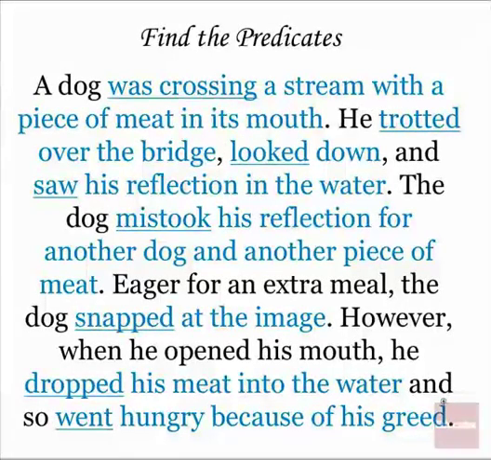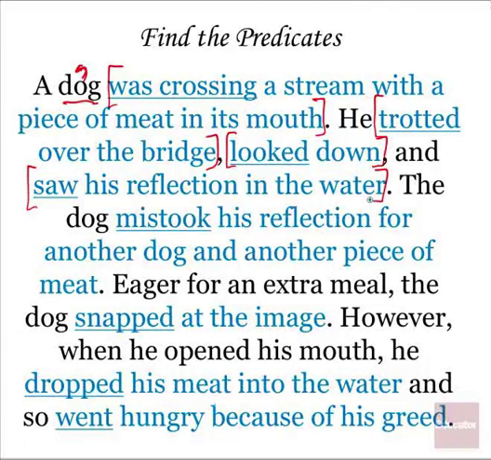And there we are. A dog was crossing a stream with a piece of meat in its mouth. That's the whole action that the dog, our subject, was performing. He trotted over the bridge, one action, looked down, another action, and saw his reflection in the water. Three actions, compound predicate. The dog mistook his reflection for another dog and another piece of meat.